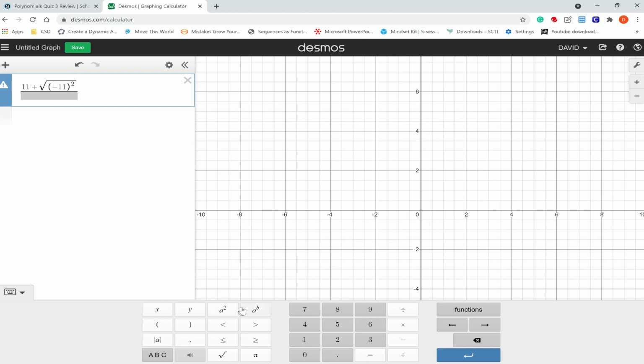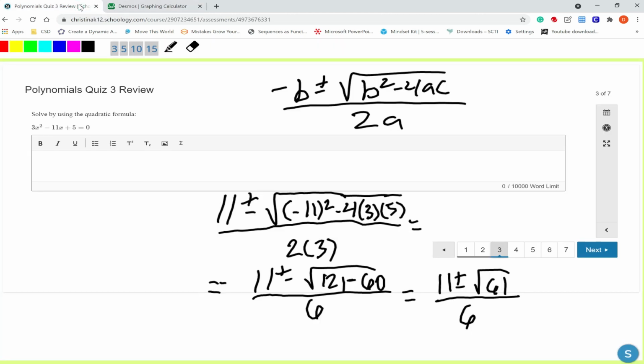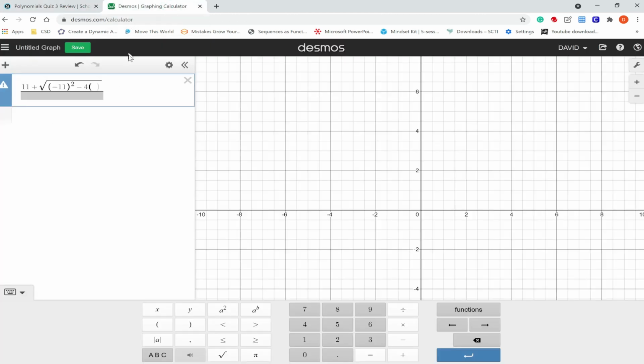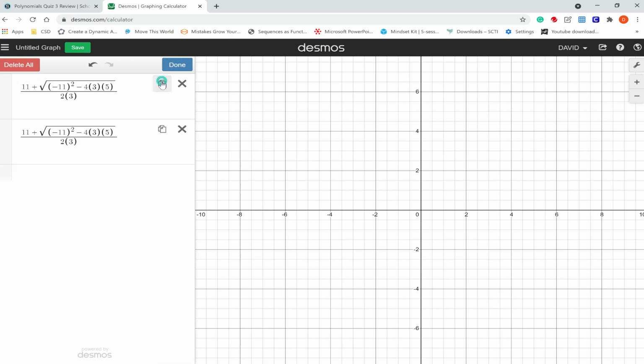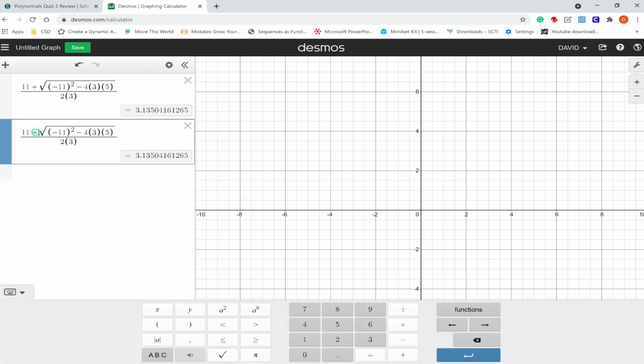Squared minus 4 parentheses 3 parentheses 5. And then all over 2 parentheses 3. And remember, you just hit the gear, and just change this one to minus. And for the next one, you will just show that you simplified it.